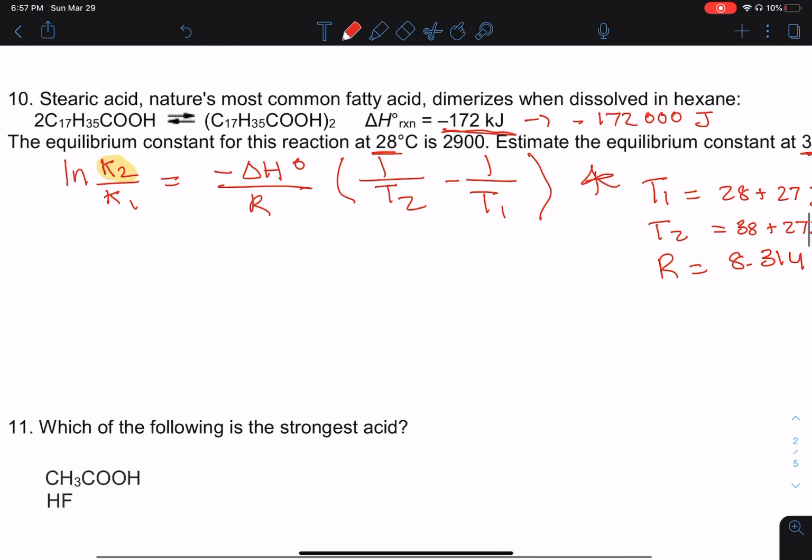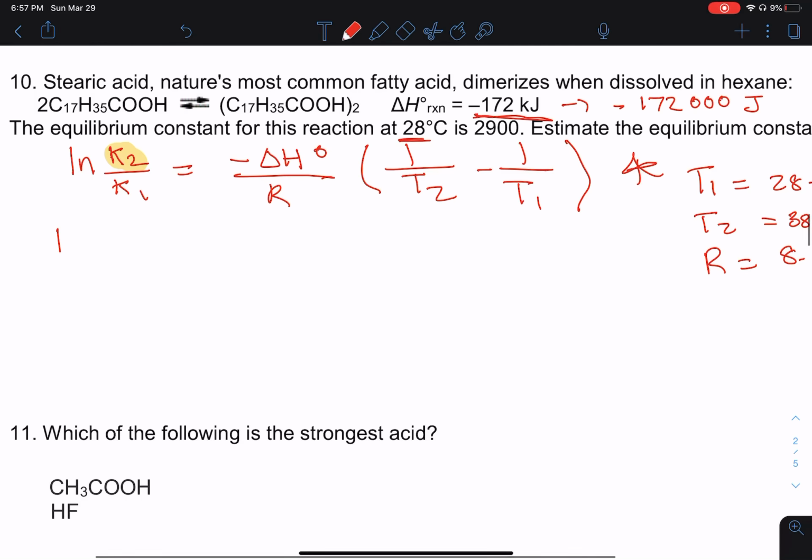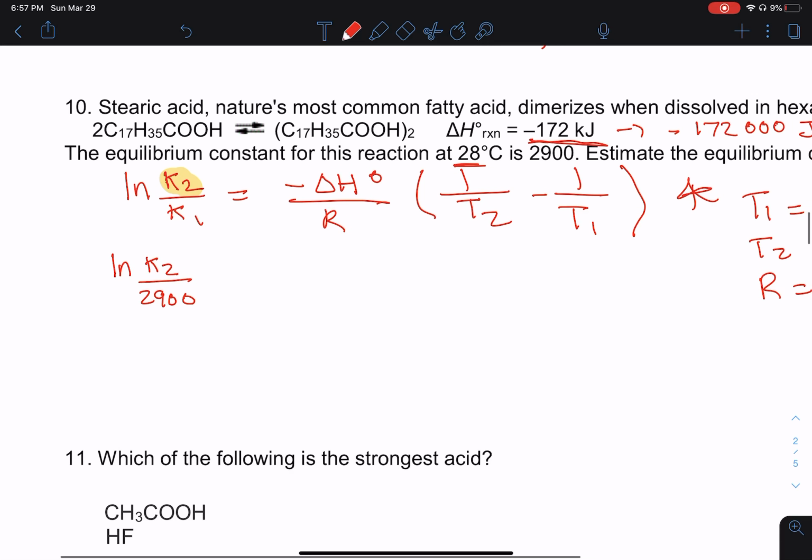So ln K2 over 2900 right here is equal to negative 172,000.